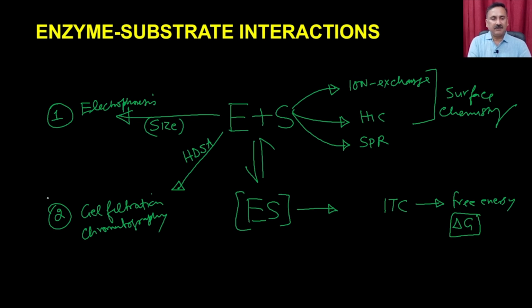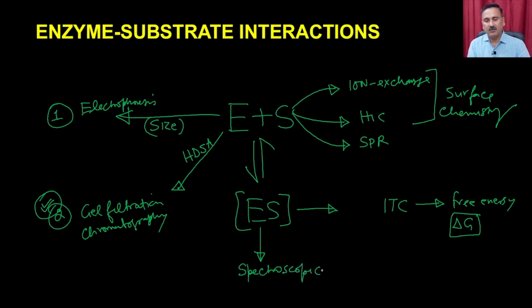So let's start with the first technique, which is how you can use the chromatography technique. In this aspect, when the enzyme and substrate interact and form the enzyme substrate complex, it also brings changes in terms of the spectroscopic parameters, right?